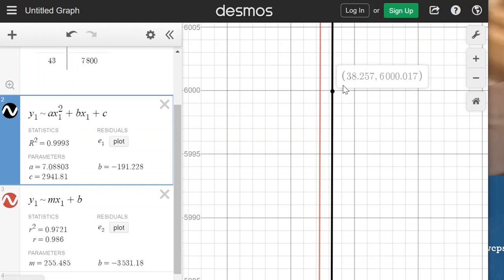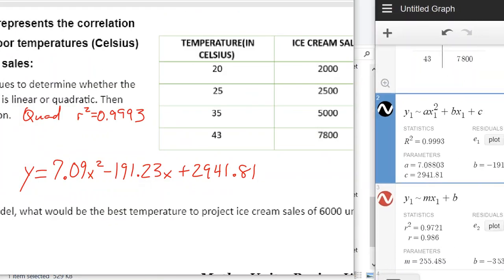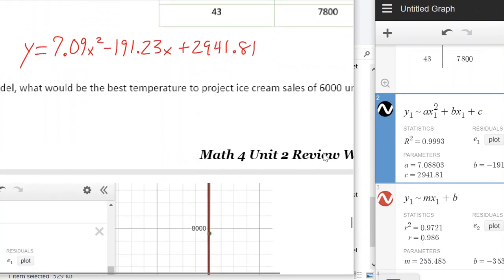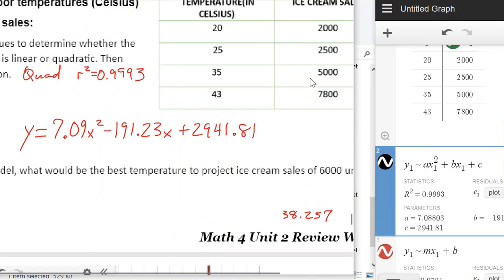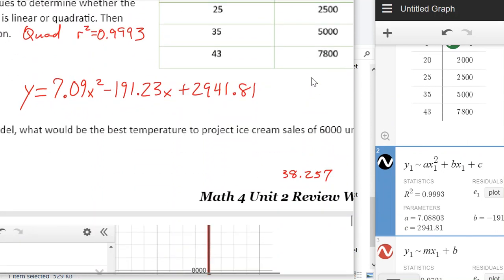So 38.257. That's what the x value is going to look like. 38.257. I will jot that down before I forget it. Now, we need to look at the chart and realize all of the x's are whole numbers.